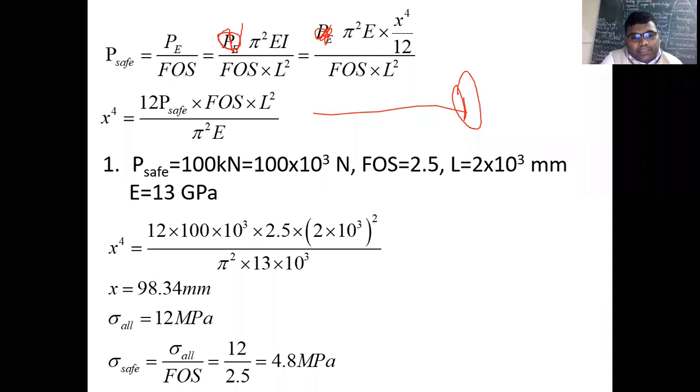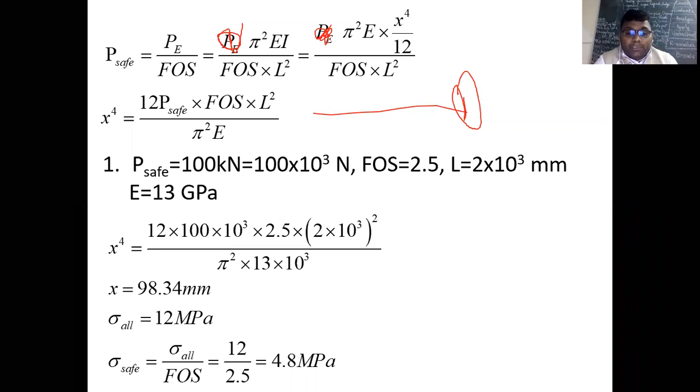So by this relation, you can find the value of x. Okay, so we have calculated the value of x. With the help of this, we can find the cross section. Right? Okay, so one sigma is given, sigma all. So sigma all is applicable to the given column for every cross section.